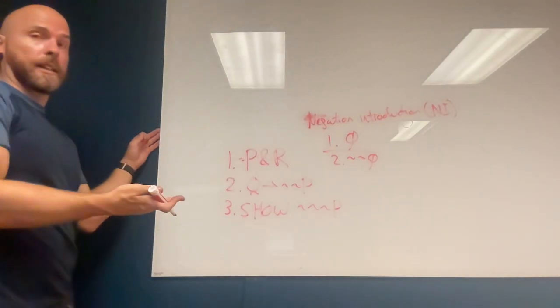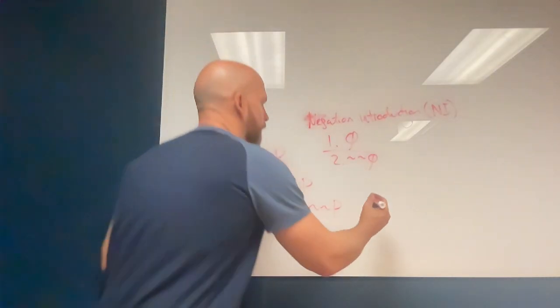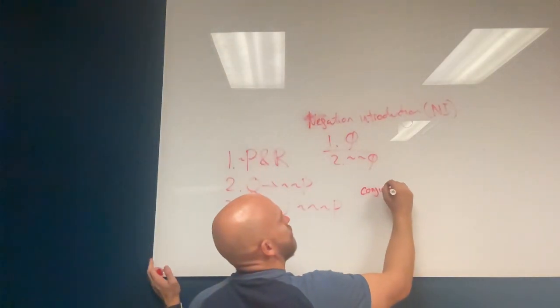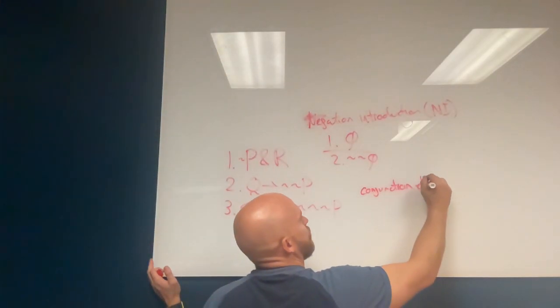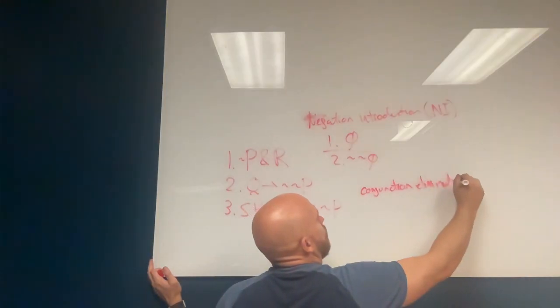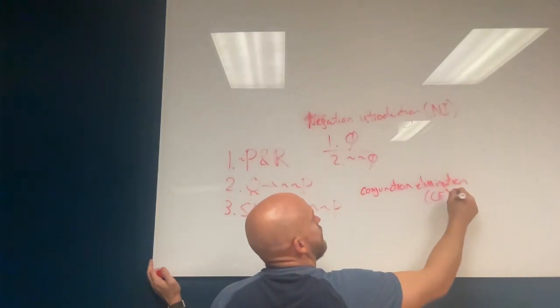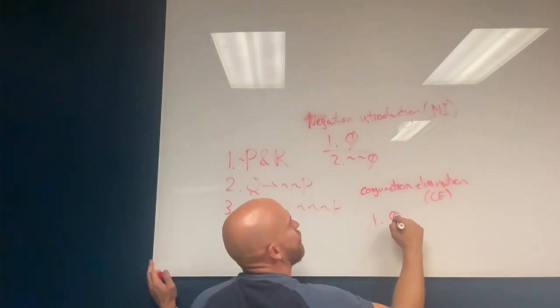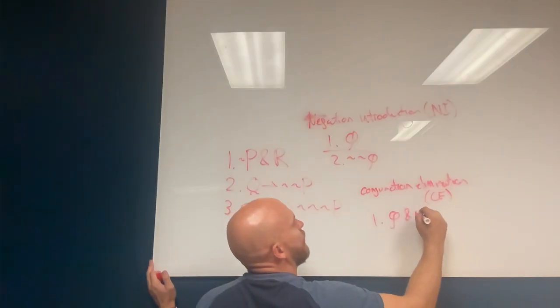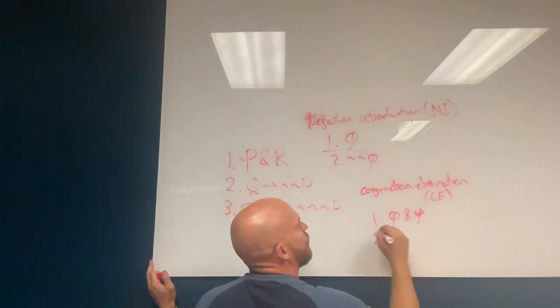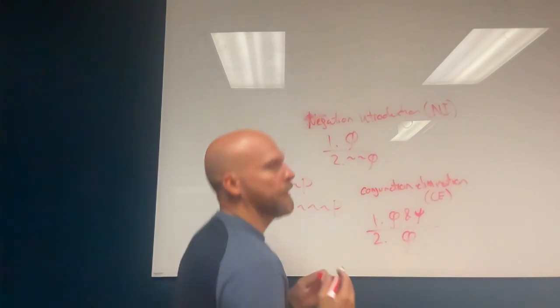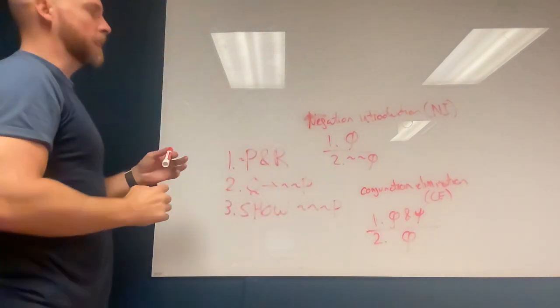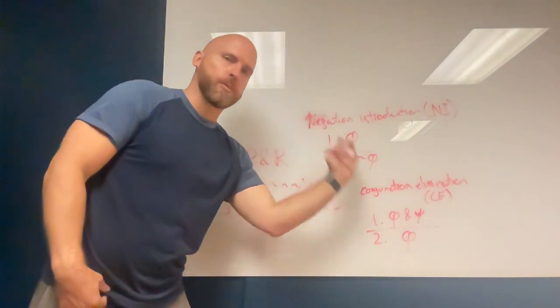Also, in this case it'll be useful, conjunction elimination, CIE. This allows you to say if you have phi and chi, you can infer phi, or you can infer chi.